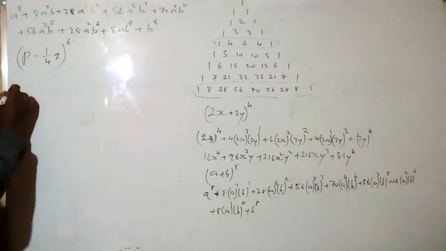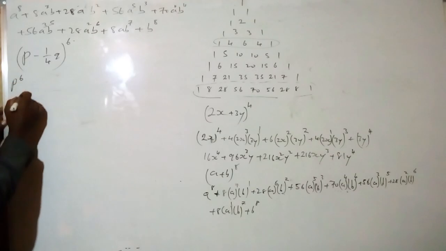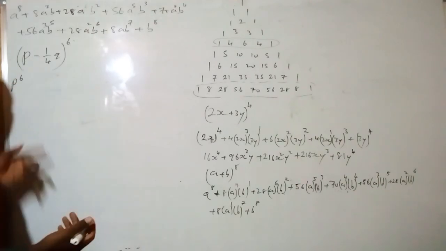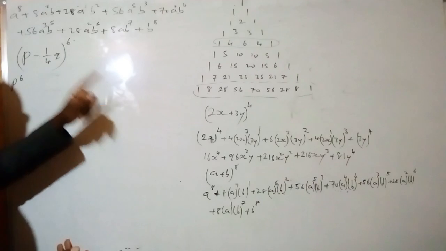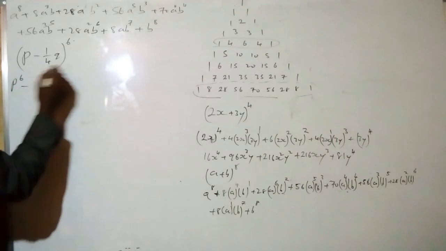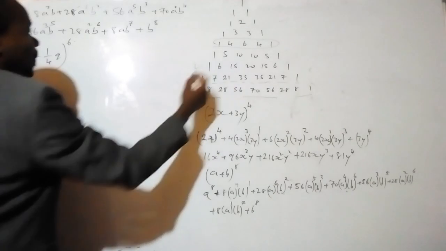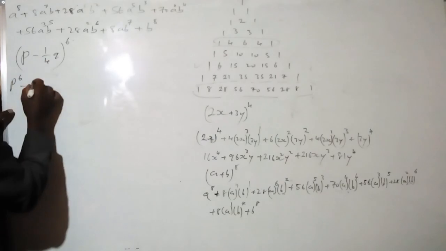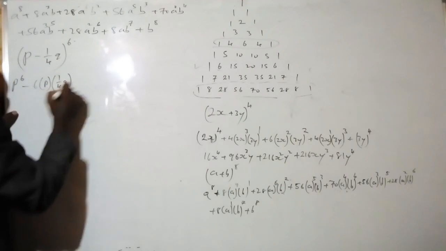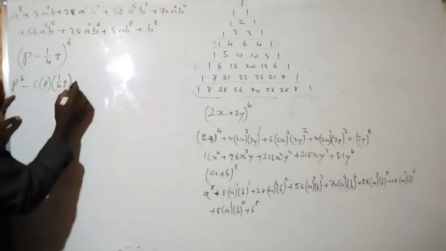P raised power 6. Then, the order that I gave you yesterday, you start with the negative, plus, negative, plus, negative, plus, like that. The binomial coefficients of 6 are here. So you take 6, you open the bracket P, 1 over 4 Q. But once you follow that order, negative plus, here you are not going to insert a negative.